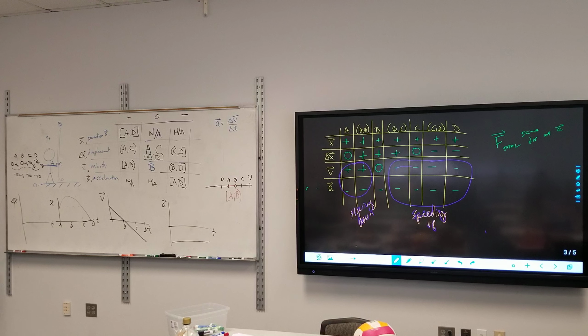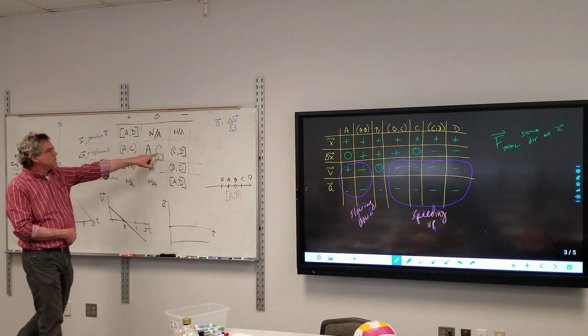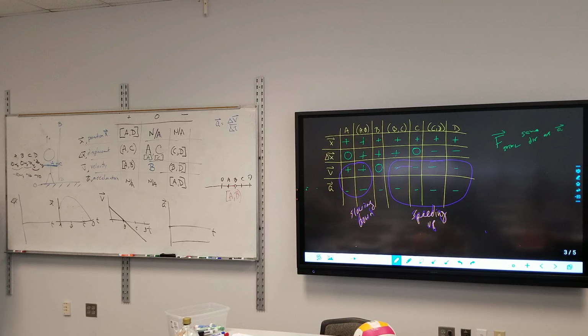Displacement's not positive all the time. It goes to 0 at C, and then it continues down negative. It's zero at point C, so if I had point C right here, it's zero. It's zero at A. What does it look like in between A and C? It's positive, so it would make like a little arc between A and C.